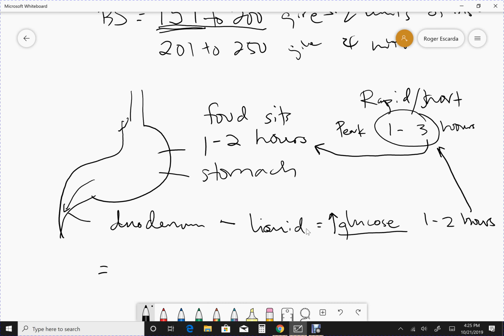Therefore, if all of your GI function is normal, you'll have normal blood glucose because your insulin timing is just right for when your sugar rises after eating a meal.